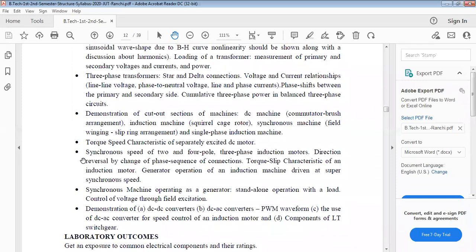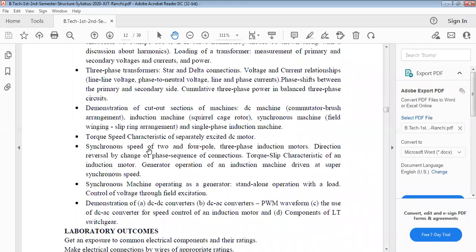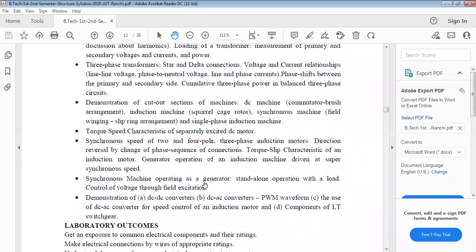The next experiment is about the induction motor, the torque speed characteristics of the induction motor. In this experiment also, we discuss the characteristics of the induction motor. The next experiment is the synchronous machine operating, about how the synchronous machine operates.